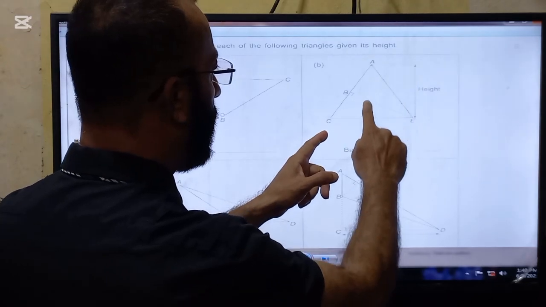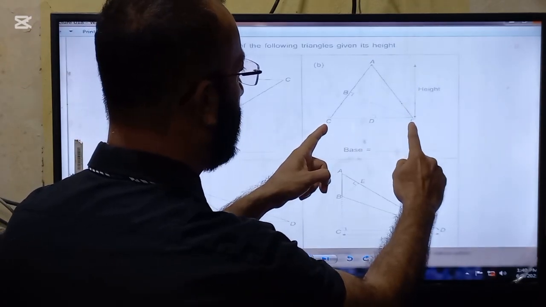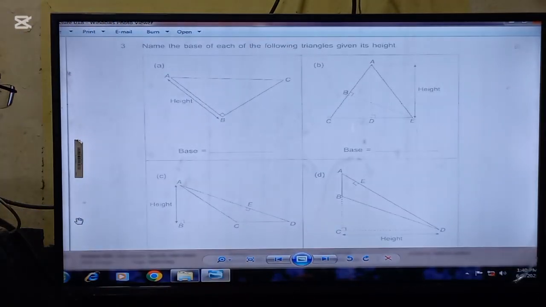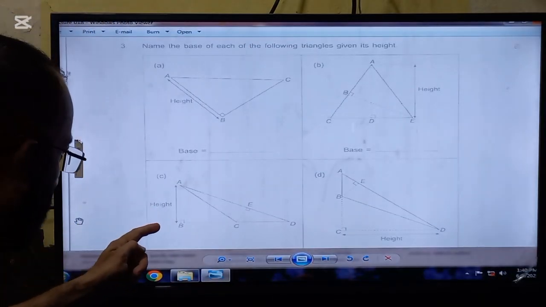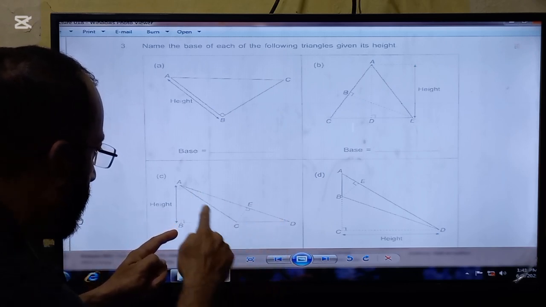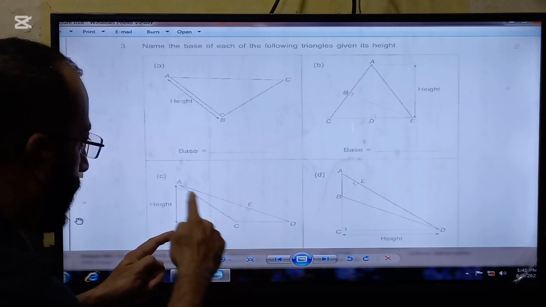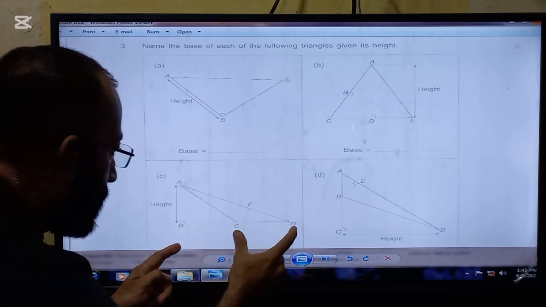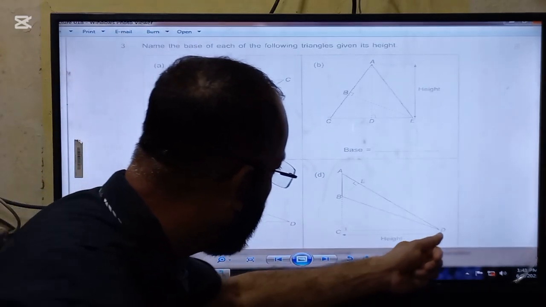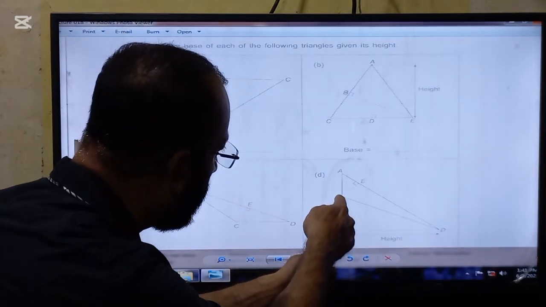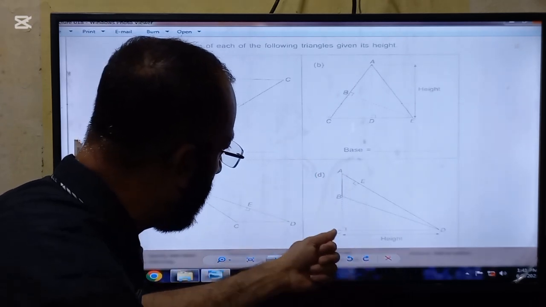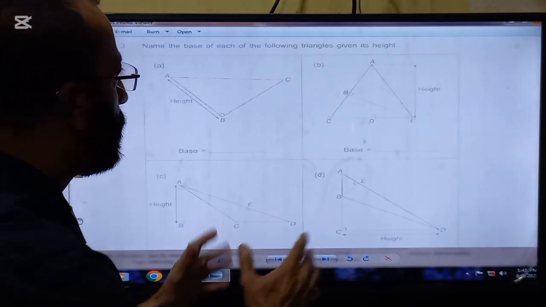So CE will be the base. In this part, if this is the height, it is perpendicular to this side. Actually the unbroken lines are the triangle. So if this is the height, CD will be the base. In D part, if this is the height, then this side AB will be the base because this is perpendicular to AB. So this is the question.